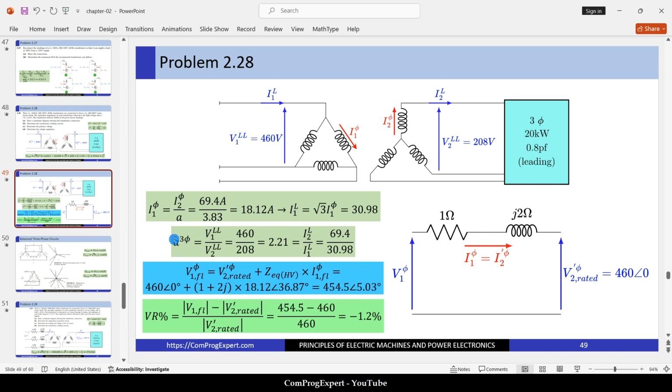Here also I calculated the ratio for the line-to-line quantities. You can see V1 line-to-line divided by V2 line-to-line is the same as I2 line divided by I1 line. This is the ratio for the line-to-line quantities. Anyway, let's go for the next part.